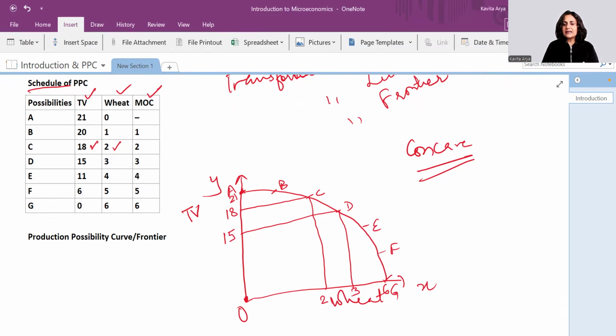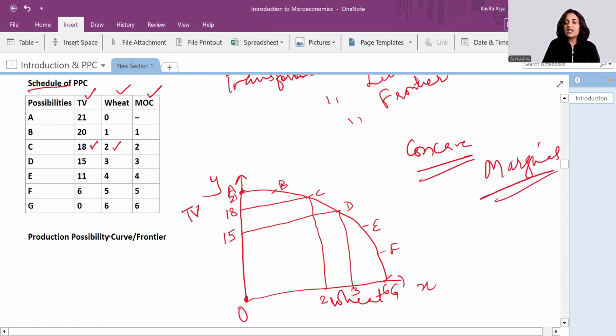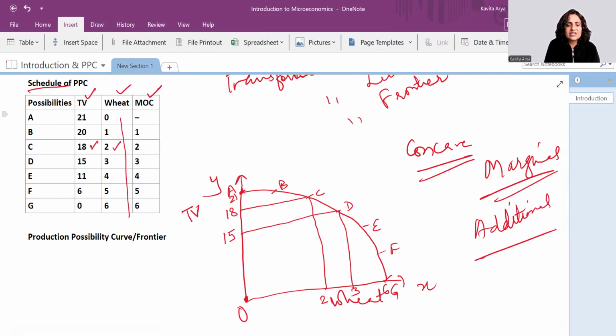When I say the term marginal, please make sure that we are talking about every additional unit. Whenever we are talking about the x-axis, the change is the same all throughout, by one additional unit. So we try to understand, to make one more unit of x every time, how much of y is required to be sacrificed.